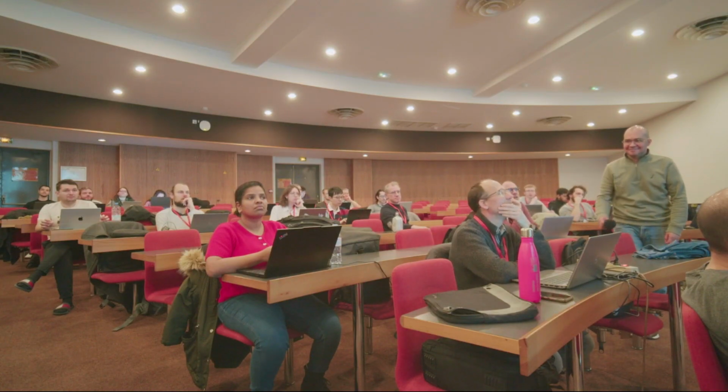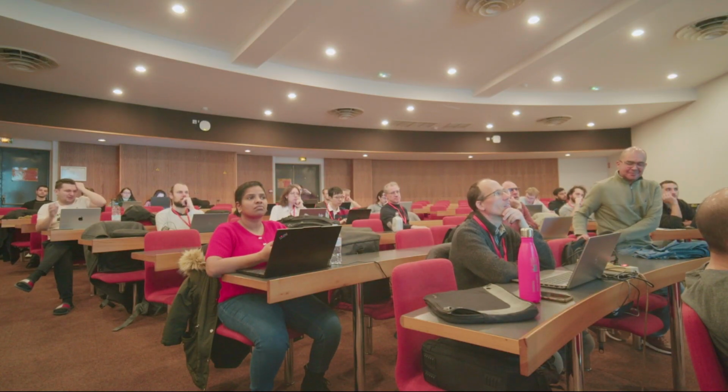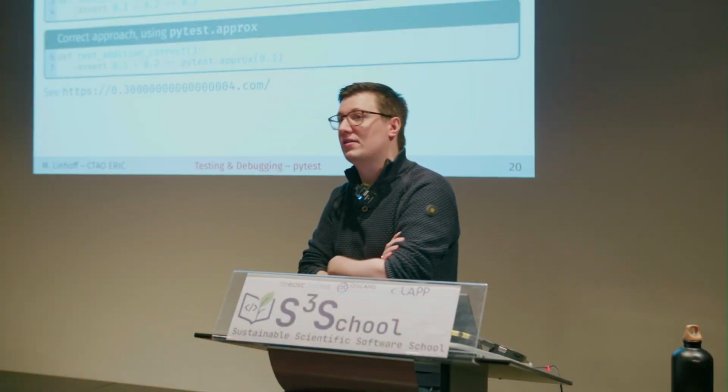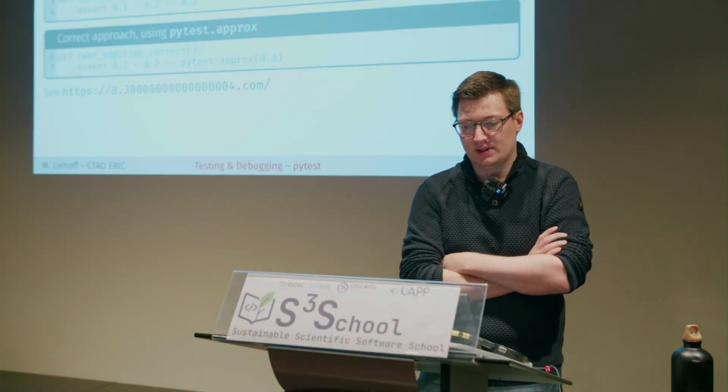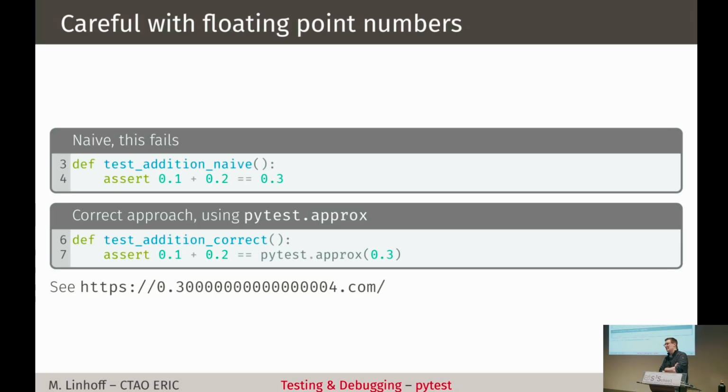So if you type 0.1 and 0.2 in Python and many other languages, what you actually get is what we call an IEEE float 64-bit number. And numbers that are not representable in the 64 bits you have will be rounded to the next number that is representable.